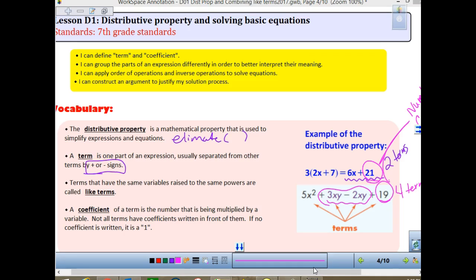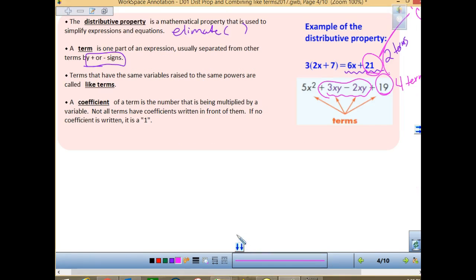Coefficient is the number that is being multiplied by the variable. Not all terms have coefficients written in front of them. If there's no coefficient, it is understood to be a 1. That means if I have x, that really means it's 1x. Anytime there's just an x or a y or any variable, it's understood to be a 1.